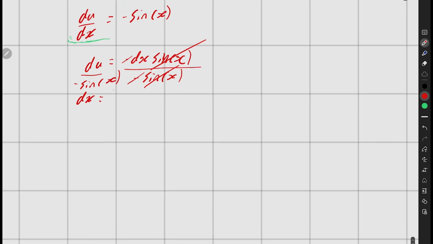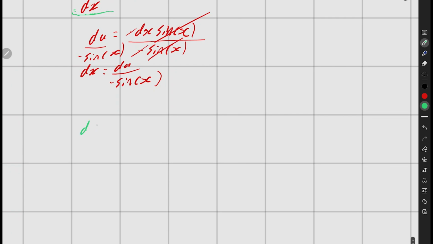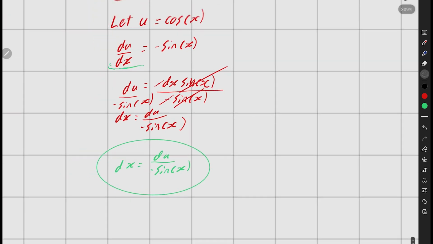Okay, so dx is du over negative sine of x. Okay, great. So now we've solved for dx. So we've done most of the hard work.